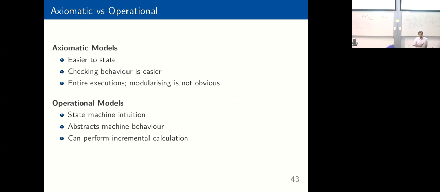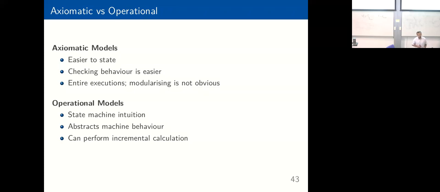Axiomatic models are easier to state. The SC operational model wasn't that difficult to state, but needed a few rules. SC in axiomatic style literally fit on one line in my slide. 4 relations, transitive closure, and union, that's it.